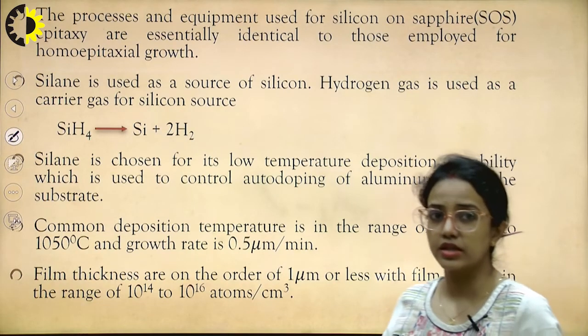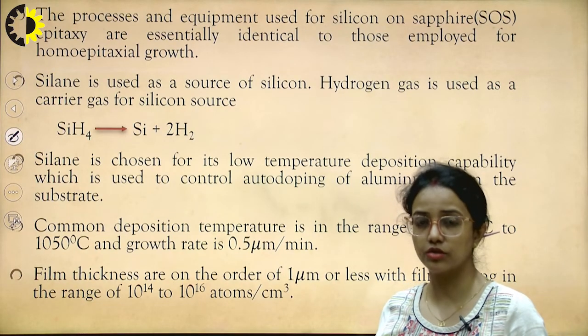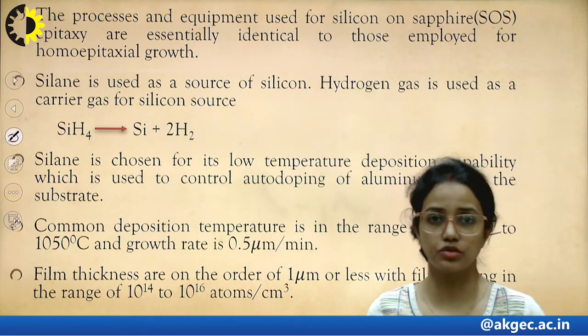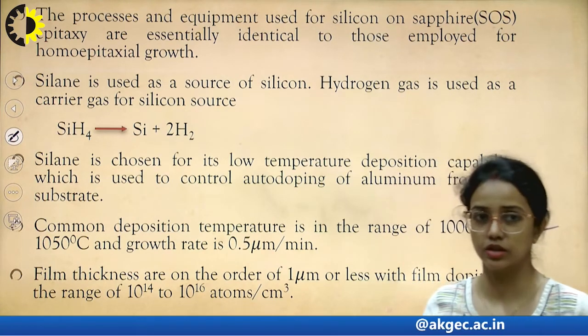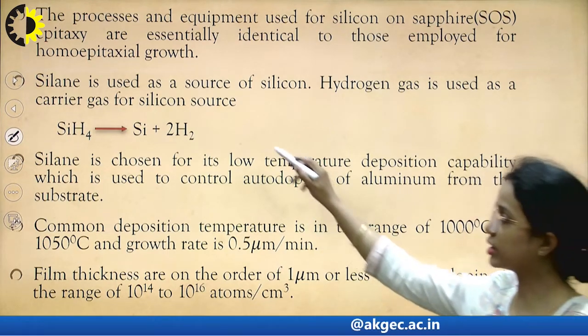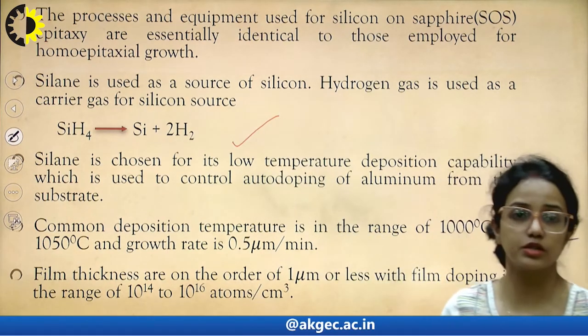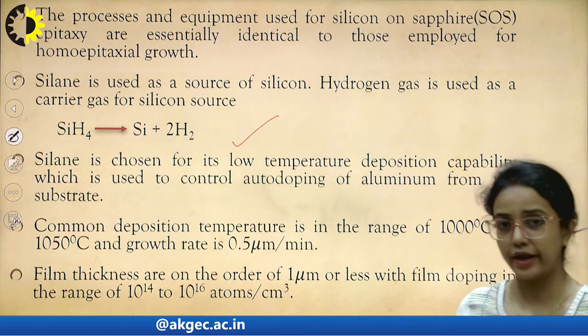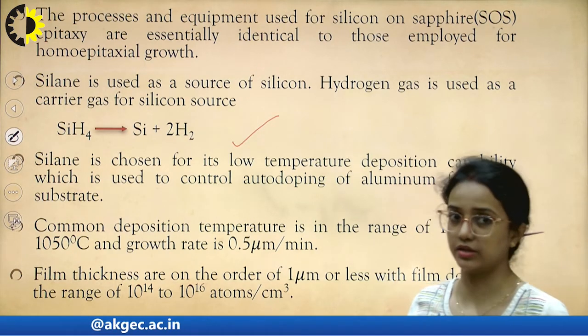The process and the equipment used for silicon on sapphire epitaxy are essentially identical to those employed for homoepitaxial growth. The chemical reaction involved is SiH4 gives Si plus 2H2. So here silane is used as the source of silicon, and hydrogen gas is used as a carrier gas.